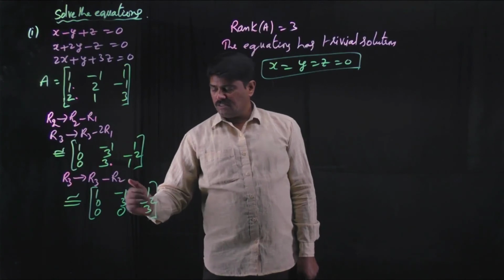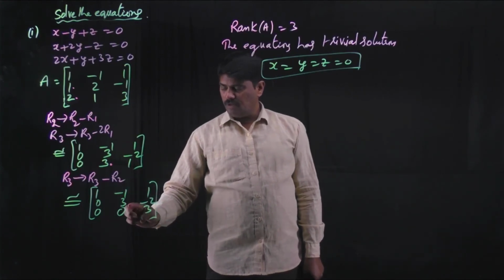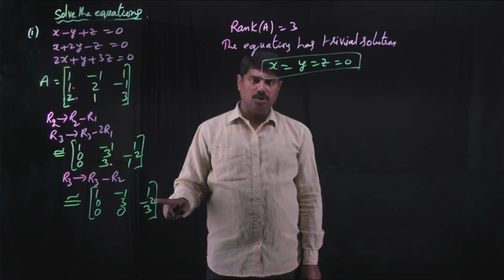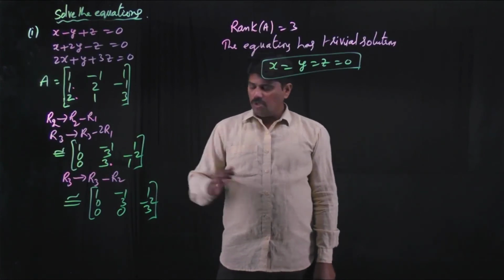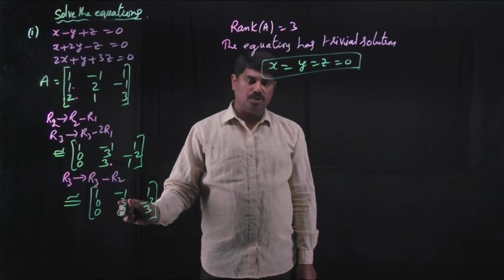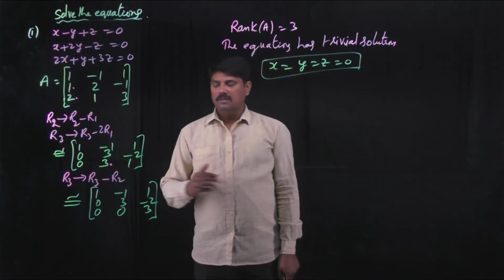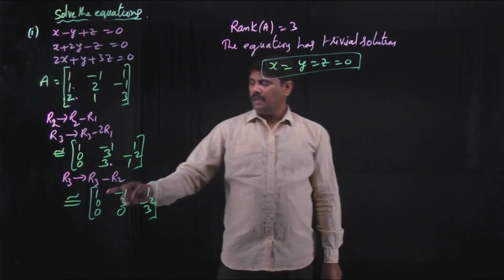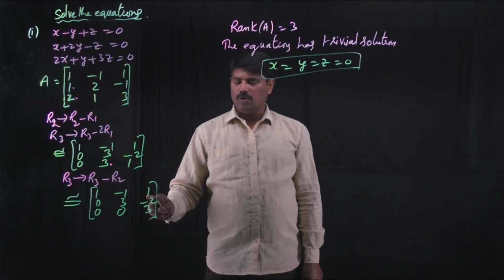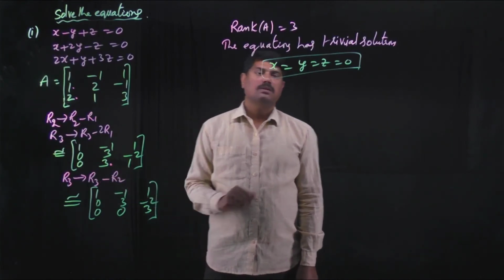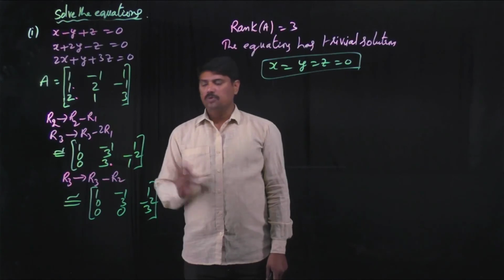Using z in the second row, second equation, 3y minus 2z is equal to 0. Substituting z is equal to 0, you come to know y value 0. Again converting row 1 as an equation, x minus y plus z is equal to 0. Already you have y 0, z 0, that indicates x is also 0. So no need to solve further.